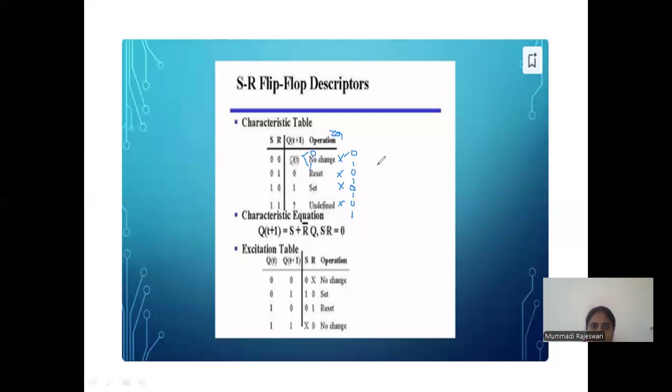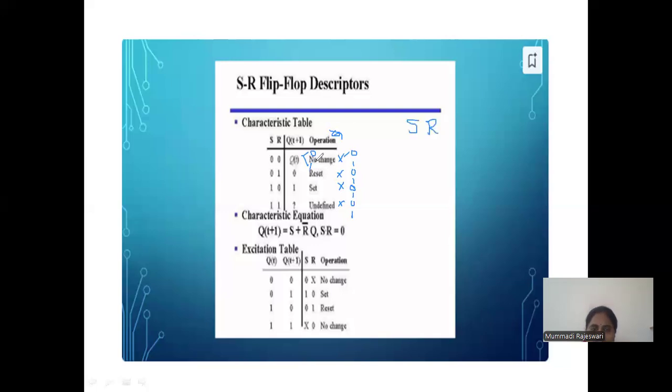Okay. From this, how do we calculate the mandatory inputs for your present state as well as the next state? So here, first condition: you can see this one is the present state and this one is the next state. When the present state is 0 and the next state is 0, what are the mandatory inputs? Suppose in the first condition I am explaining, SR, the two inputs, are 0, 0.